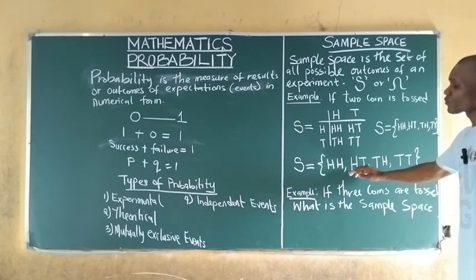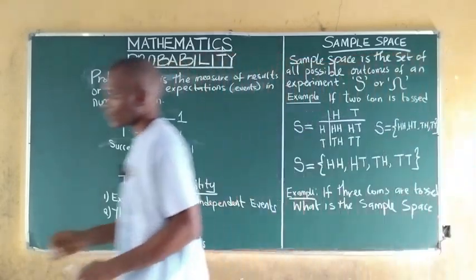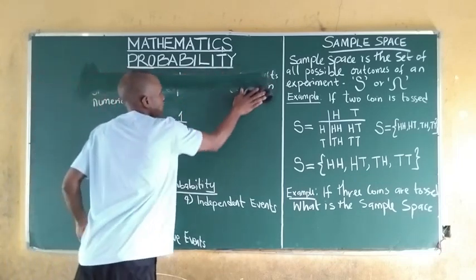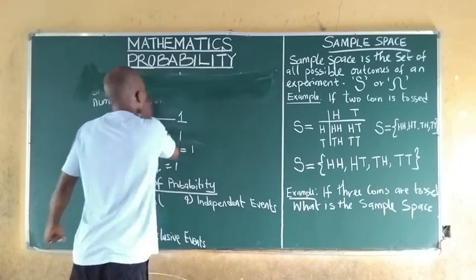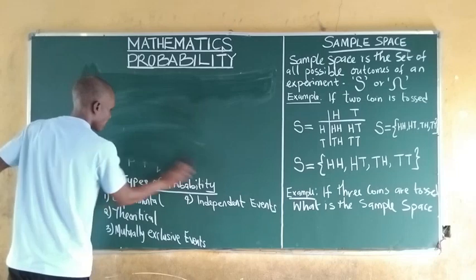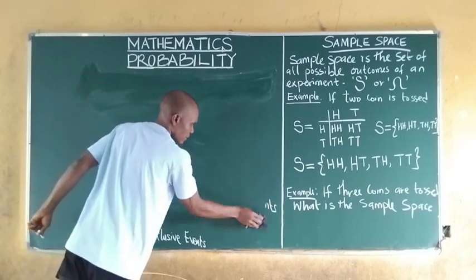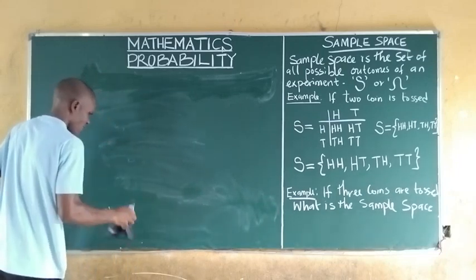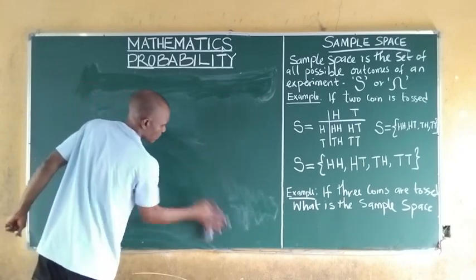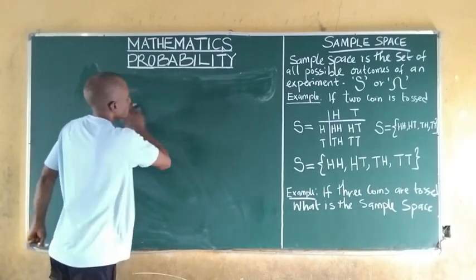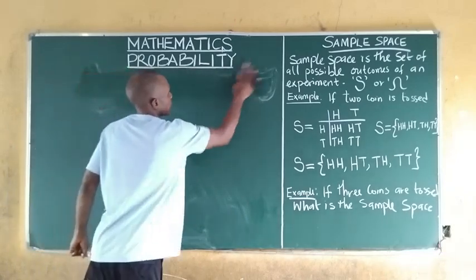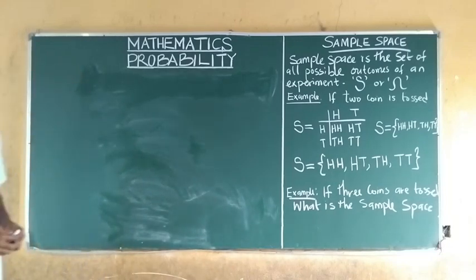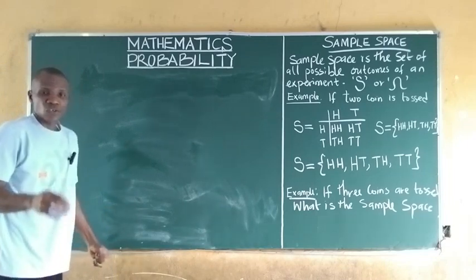It's very simple. We have two coins tossed here, so we just add one more.